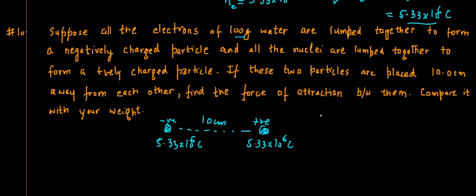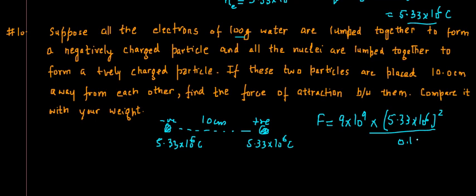So the force of attraction can simply be found by Coulomb's law, that is 9 into 10 to the power of 9 times this much, we just multiply this 5.33 into 10 to the 6 whole square divided by the distance square, that is 10 centimeters, and 10 centimeters is equal to 0.1 meter.